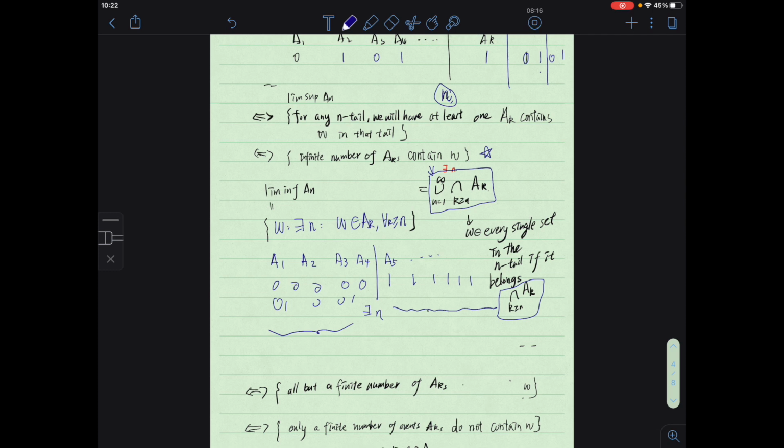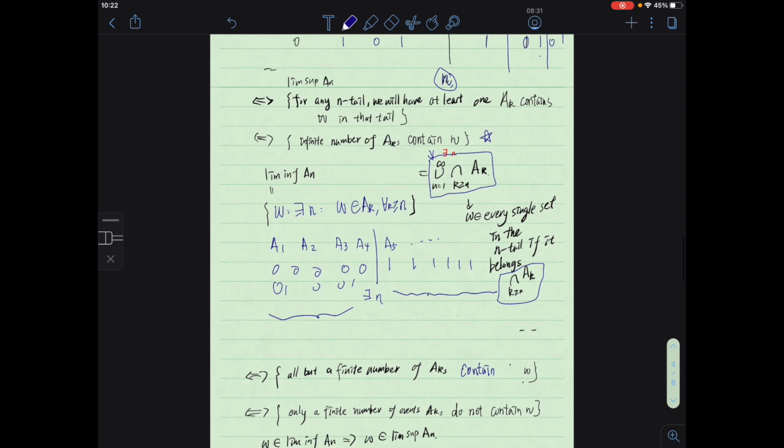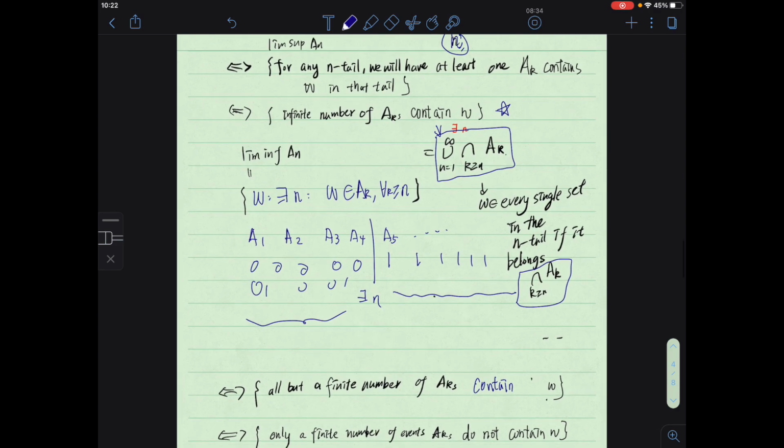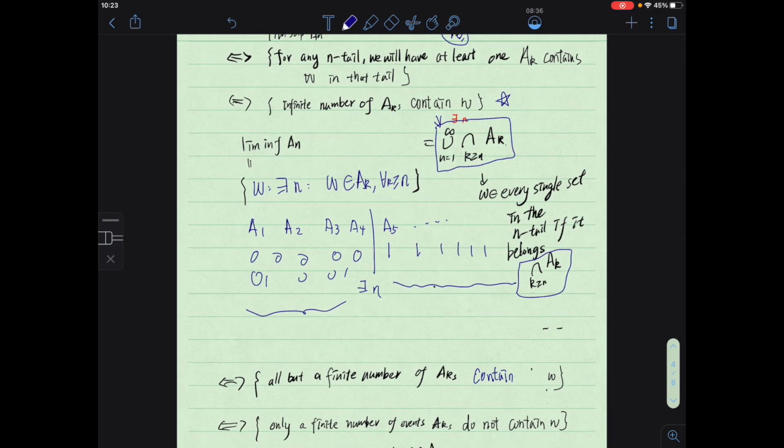So that's the same as saying all but a finite number of AK contain omega. And very straightforwardly, we will rewrite that as only a finite number of events AK do not contain omega, which happens in the front of the sets, not in the tail of the sequence of the sets.